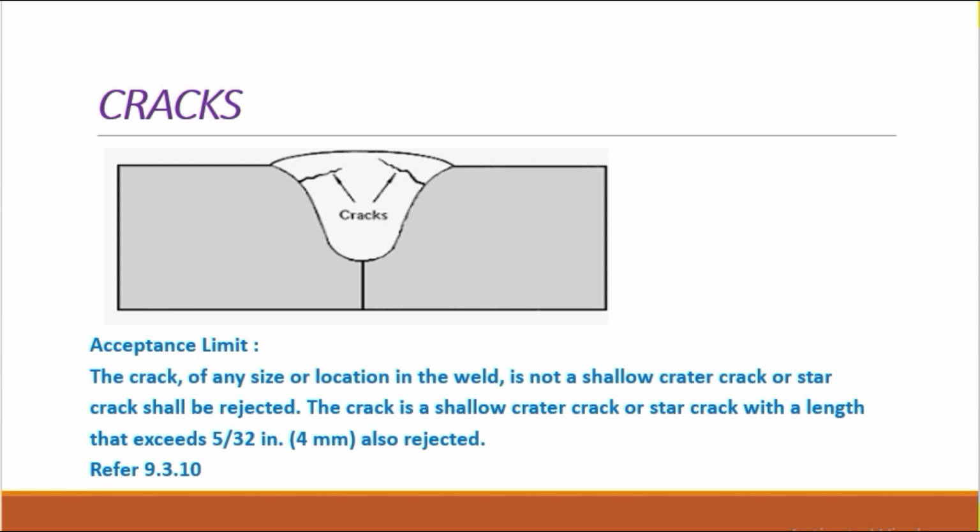What will be the acceptance limit? If the shallow crater crack or star crack length is more than 4 mm, then it is also rejected. So if it is below 4 mm, then it will be accepted. The reference point is 9.3.10.